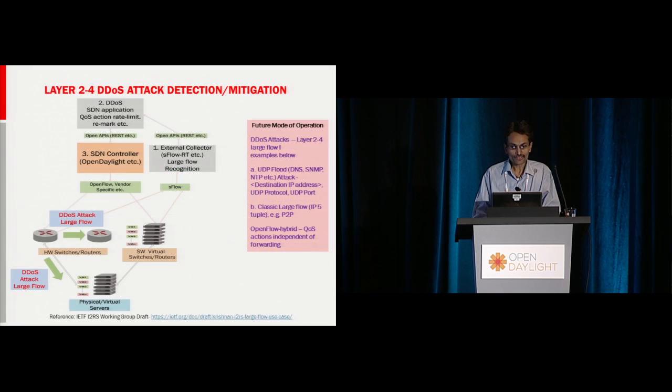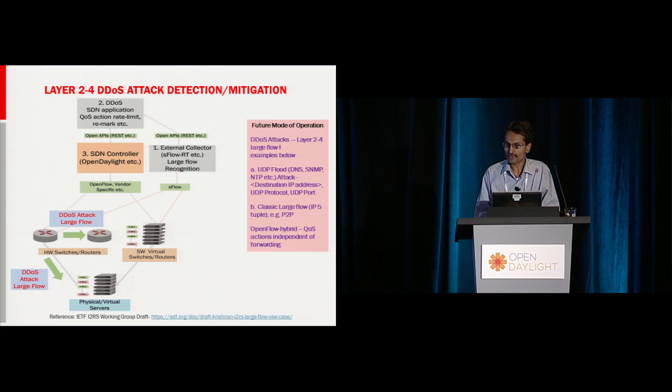Let's see. So now, with the framework we established, something interesting is possible. So the key observation here is, what is a DDoS attack indeed? I mean, from a layer 2-4 perspective, right? Because switches and routers can handle only layer 2-4 and not layer 7, focusing on that. It's indeed, in fact, a large flow, right? There is a burst of traffic, there's a large flow, which lasts for some number of seconds, maybe a minute or 2 minutes, right?